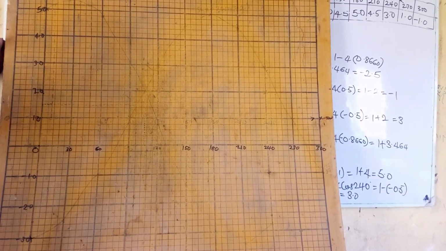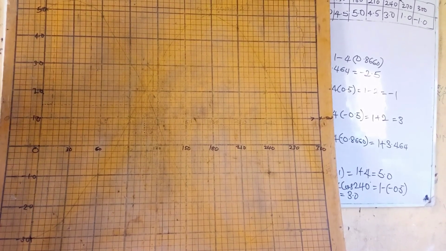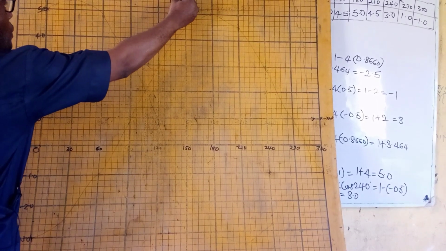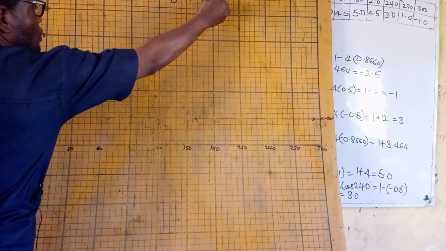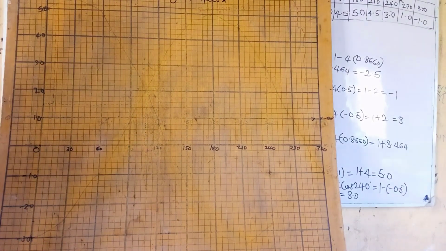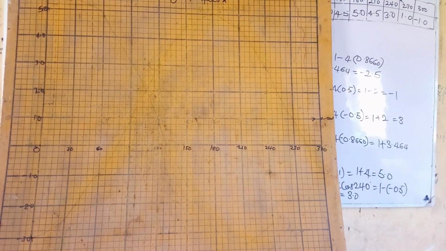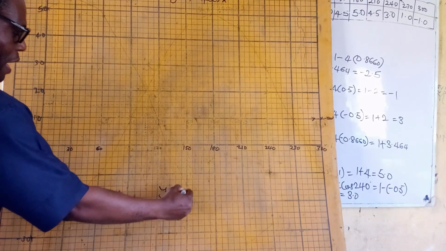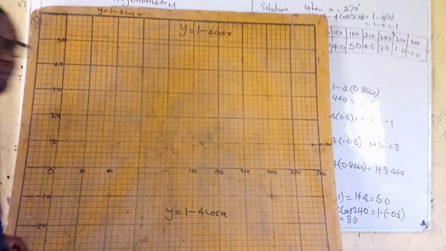Now we'll be dealing with the graph. The function for it is y equals 1 minus 4 cos x.